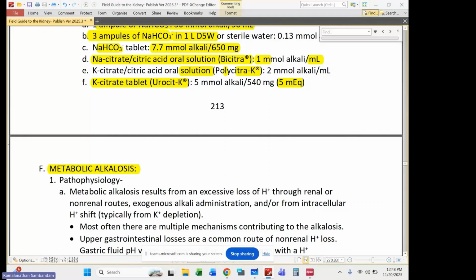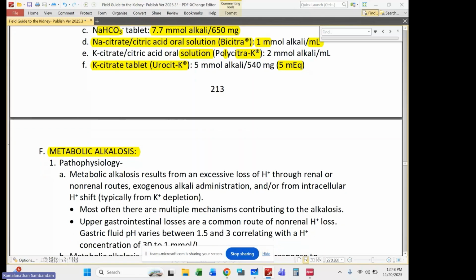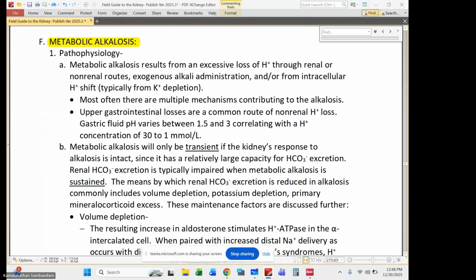It just so happens that citrate, when it's metabolized, generates 3 of bicarbonate. So the shorthand is take the milliequivalence. That's how much is in each tablet of potassium citrate, right? Okay. With that, we get to move, if my computer doesn't shut down, it looks like it's on its last battery life, into metabolic alkalosis.